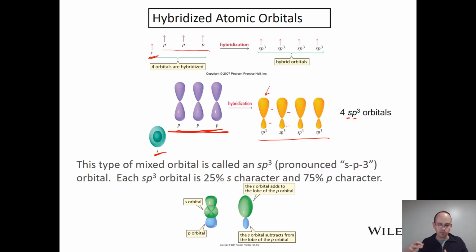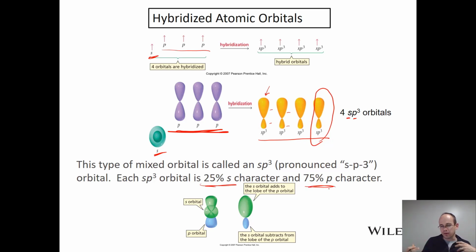It has a clearly bigger lobe, and that's where some of the s character is in this hybrid orbital. And there's some math that can merge these 2 shapes, right? So each one of these orbitals is like 3/4 p and 1/4 s, right? And there's some math that can hybridize these shapes and get us to these shapes that we see over here, these sp3 shapes. So once again, each sp3 orbital has 25% s character and 75% p character.